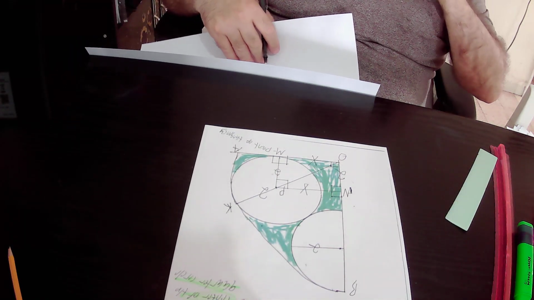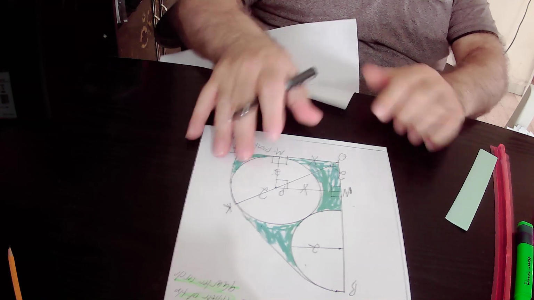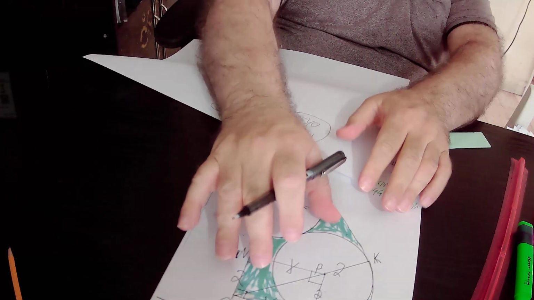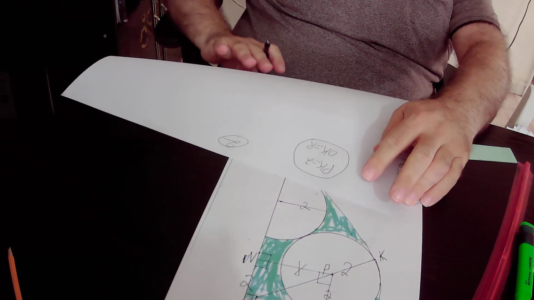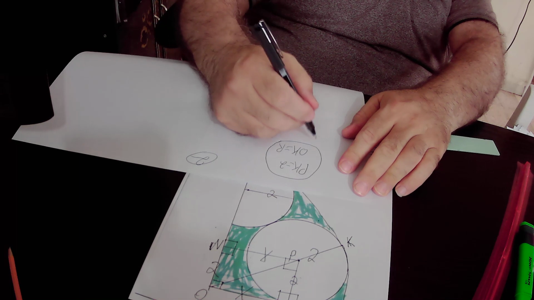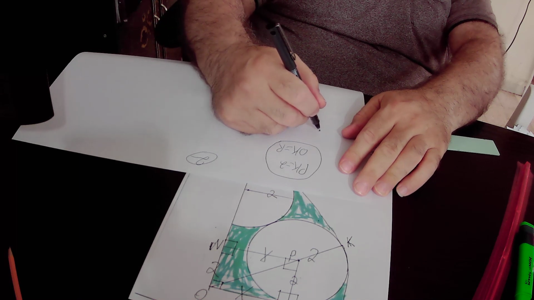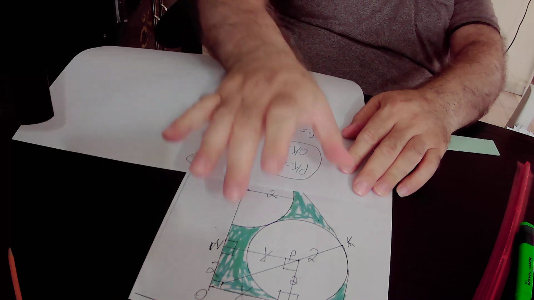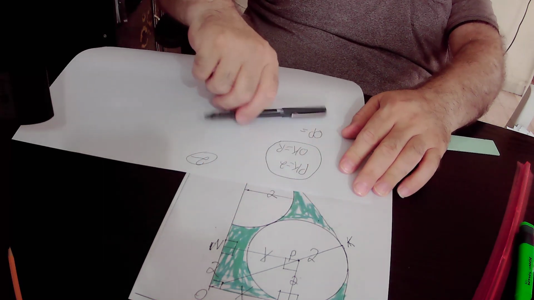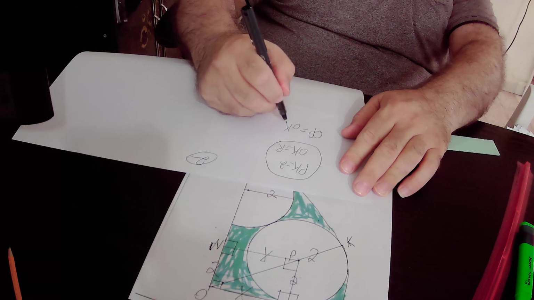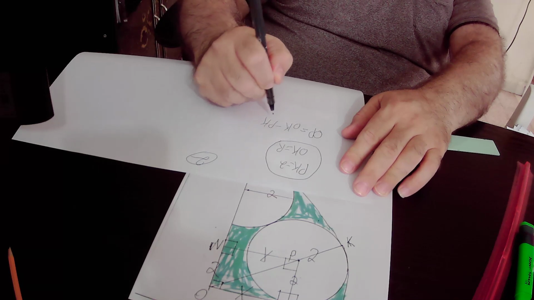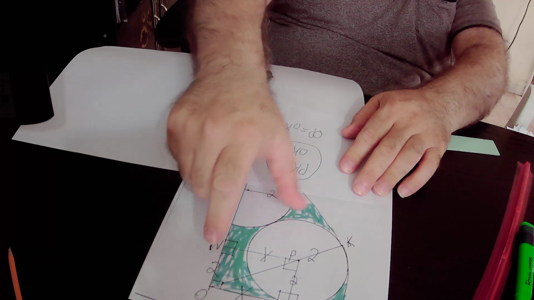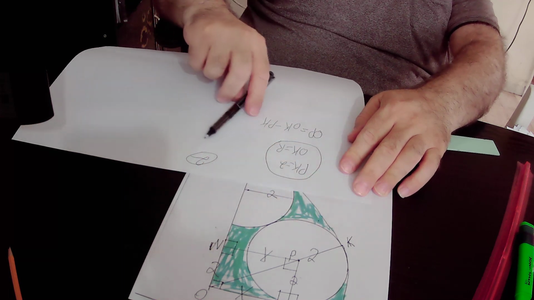And what is the value of line segment OP? It is very easy to see from the drawing that the length of line segment OP is equal to OK minus PK. Again, the value of line segment OP equals OK minus PK.